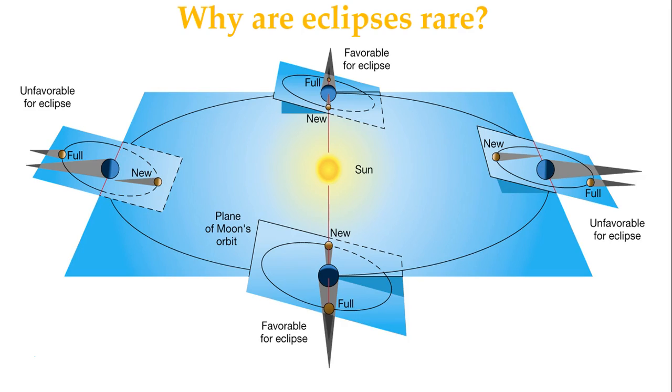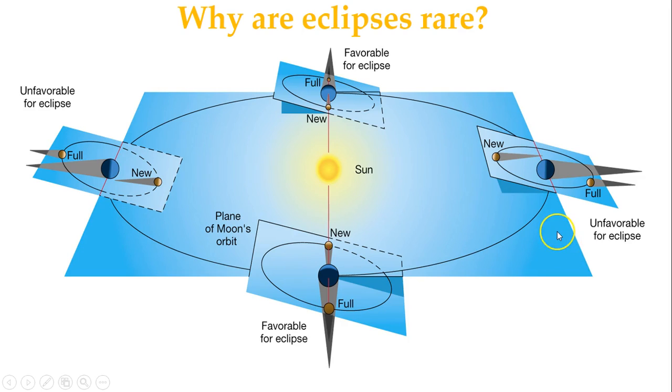Okay, so one of the big questions is why are eclipses so rare? Well, you need that perfect astronomical alignment. As I mentioned earlier, there's this thing called the node. Whenever the plane of the moon's orbit and the plane of the ecliptic cross, you've got it perfectly aligned right in the middle. If you don't have perfect alignment, you're not going to get a total eclipse. You're only going to get a partial eclipse.